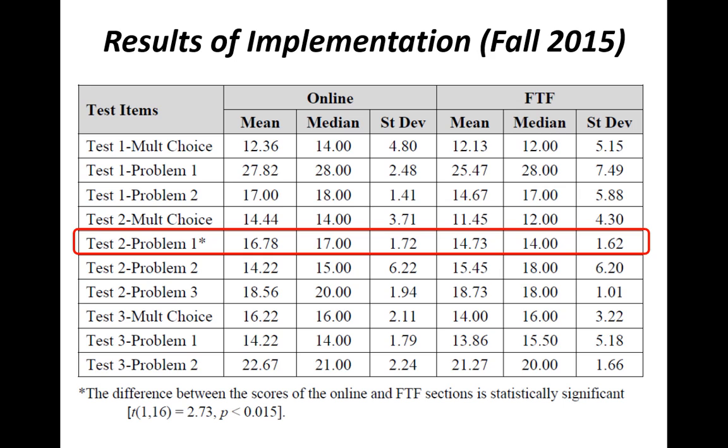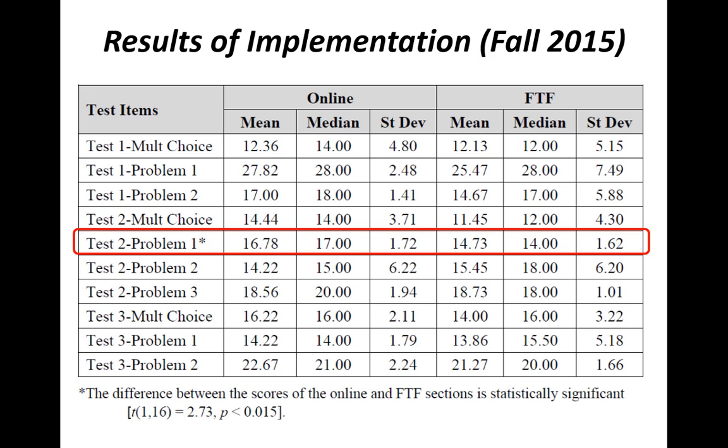In terms of the implementation of the tests and comparing them for the fall 2015 cohort, here's the online and here's face-to-face. What I told you earlier is the tests are not exactly the same, but we intentionally selected identical problems in order to directly compare the performance of the online versus face-to-face.